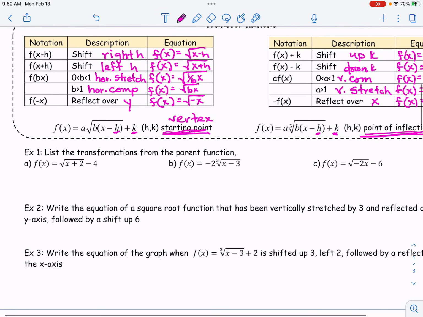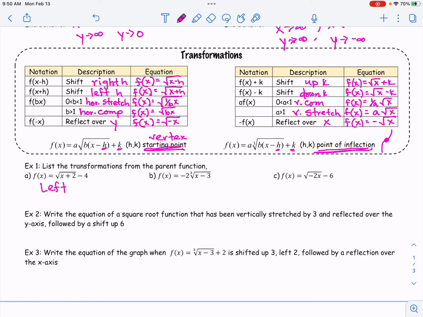Okay, so example 1, we're just going to list out the transformations. Left 2, down 4. This should be very easy because we've done it multiple times. On every new function, we do the transformations. This is going to be reflect over x.